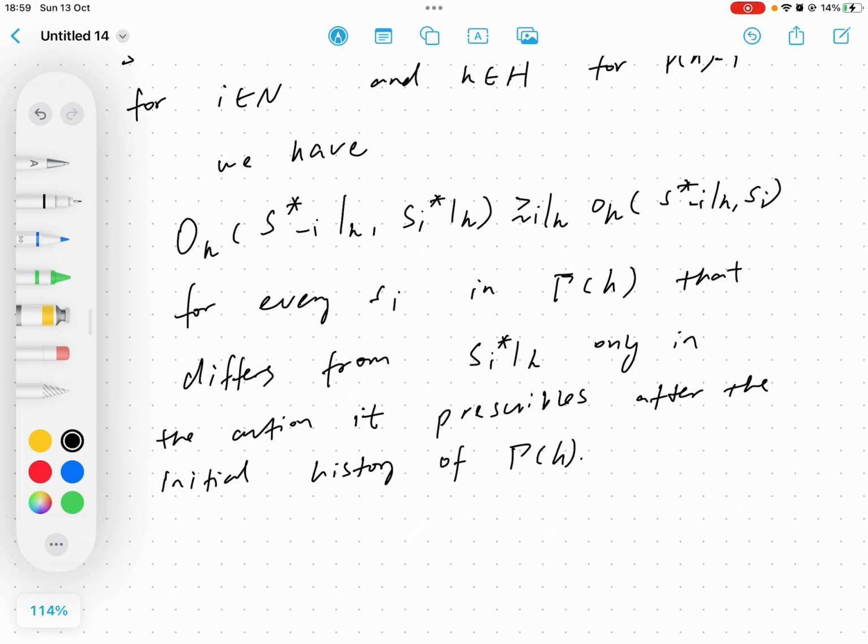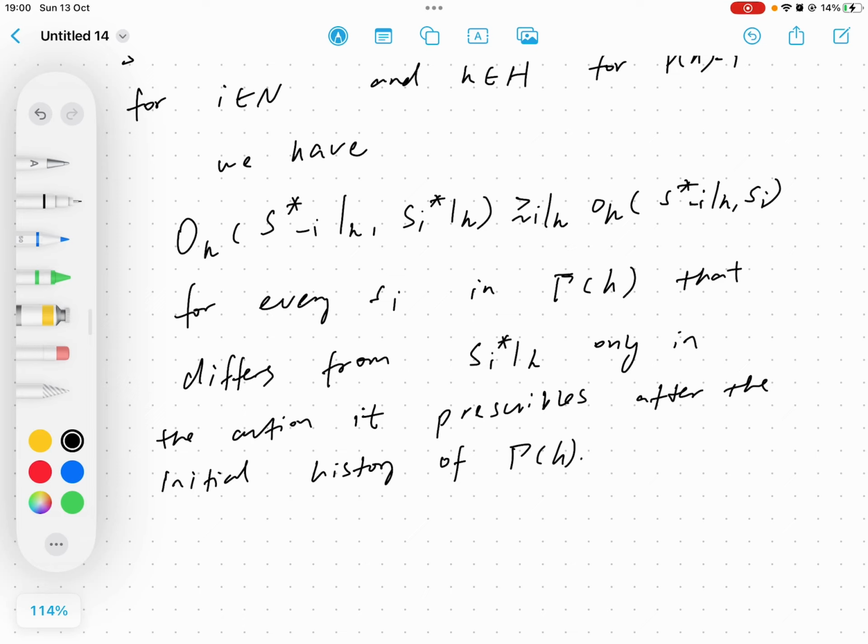So essentially it's saying that in this extensive game with perfect information, the strategy profile S star is a subgame perfect equilibrium of this gamma if and only if for every player and every history. So it means for each subgame, right? So where this player I is going to move, then we have this. Okay, well this relation is pretty standard, and we have seen this a lot of times.